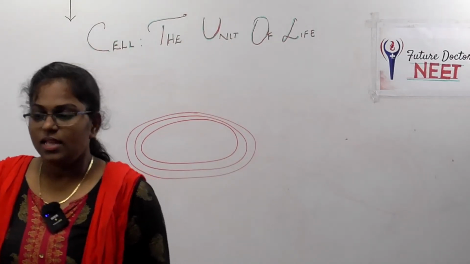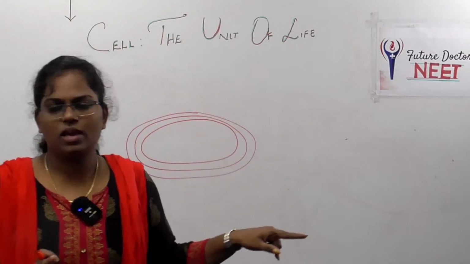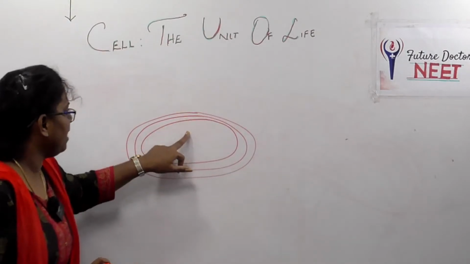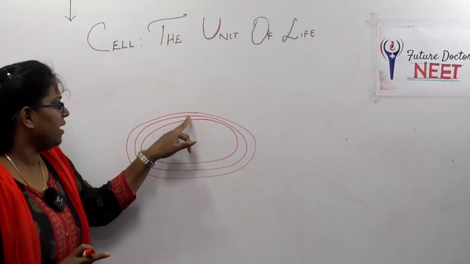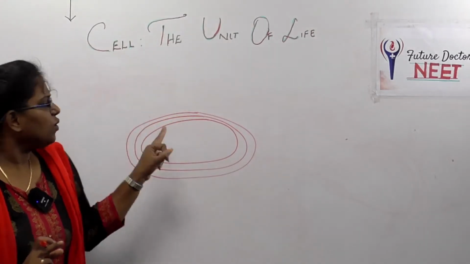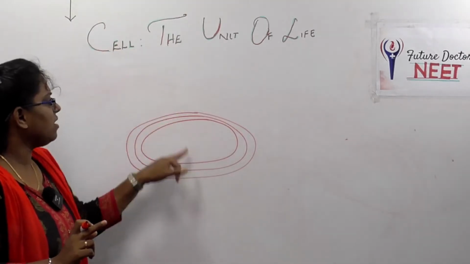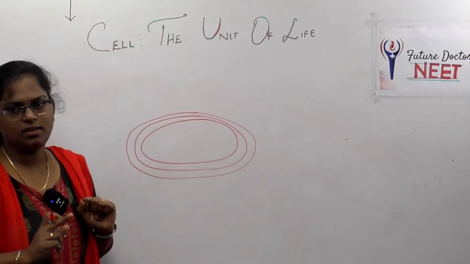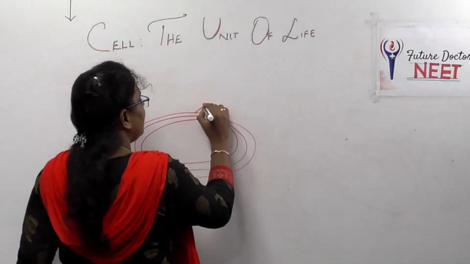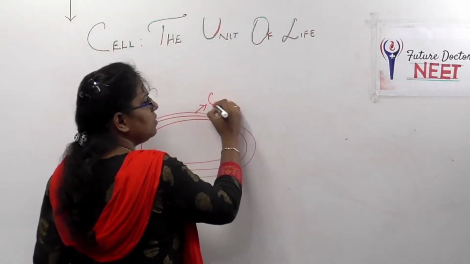The outermost is the glycocalyx. In these three layers, we have the first layer, second layer and third layer. Which will be the first, outermost layer? This is the glycocalyx, outermost.